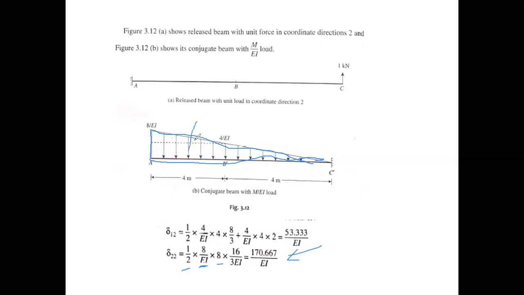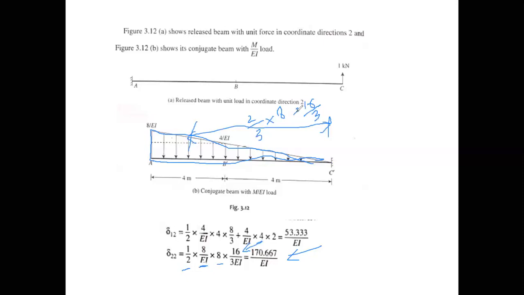So this is the distance from the centroid of this triangle, and we know that this is 2 by 3 of the base. Base is 8, so that is 16 upon 3. This is what is written over here.